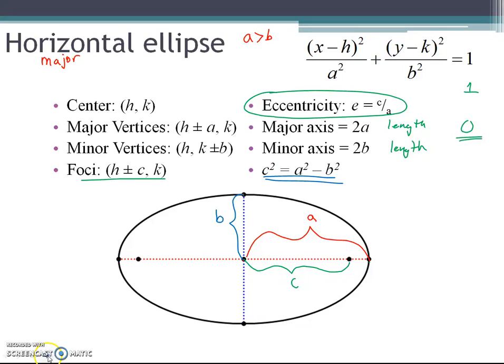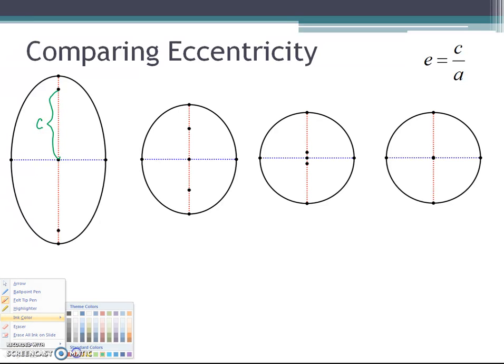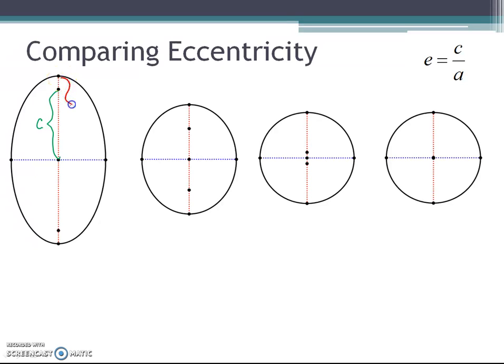And by way of a visual demonstration of that, look at a few different ellipses. We can compare. So this is C, and this is A. So if you do C over A, eccentricity is C over A. This is probably a fraction pretty close to 1.